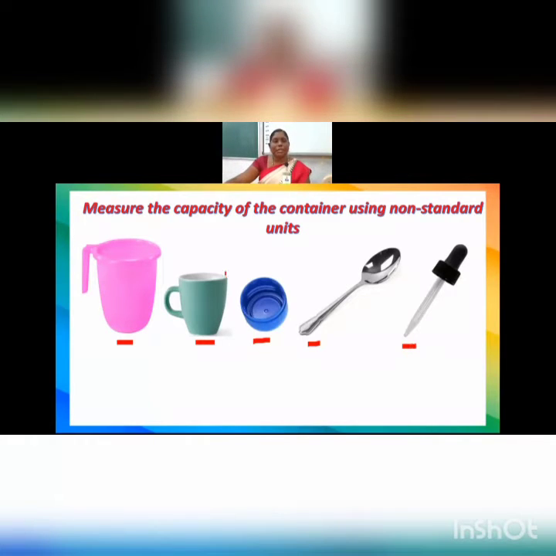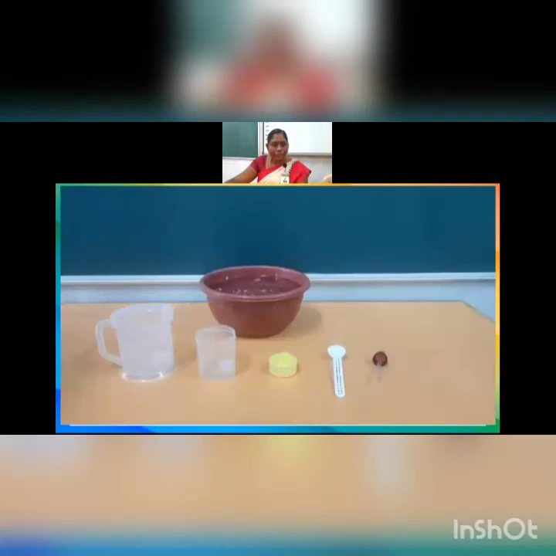First, we will measure the capacity of the mug with the cup, by pouring the water from a small container to the big container. So let's do an activity. I want all my children to listen carefully.